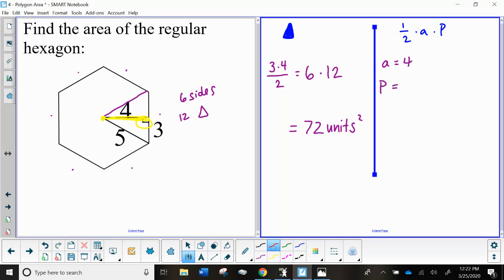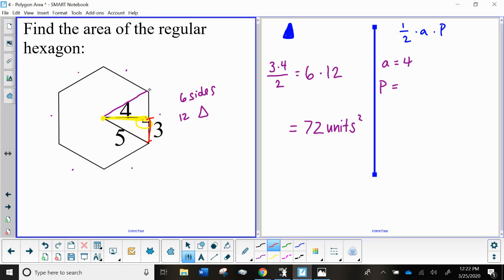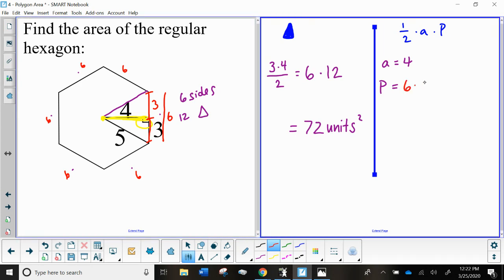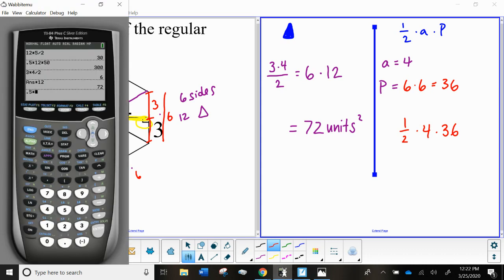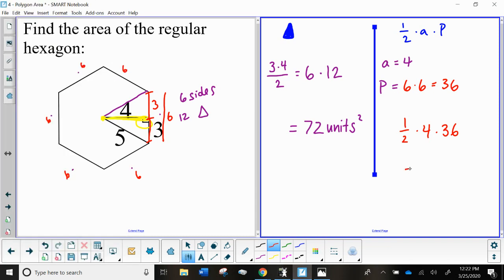Perimeter is going to be, let's see, this chunk is 3, which means this chunk is also 3. So I have a full side length of 6 all the way around. So 6 times 6 sides is 36. So if I do 1/2 times apothem times perimeter, it gets me the same answer of 72 units squared.